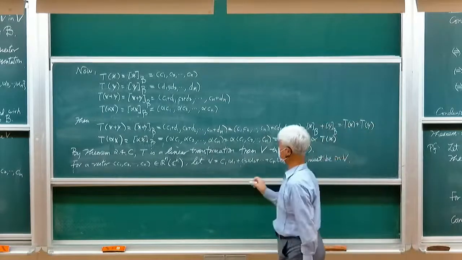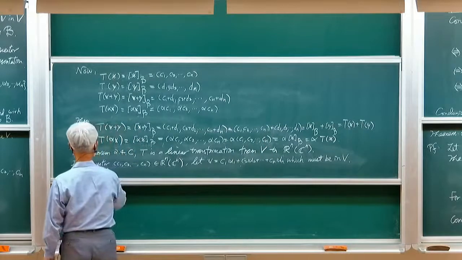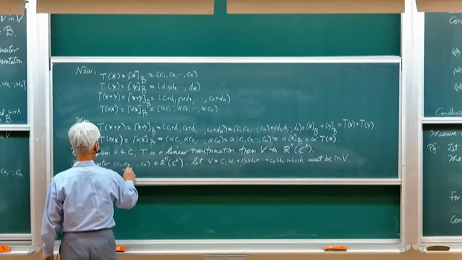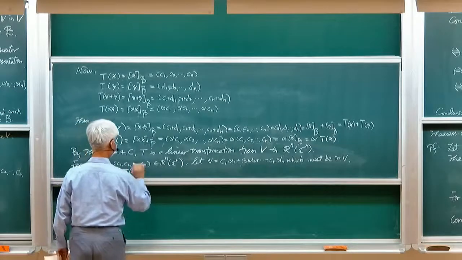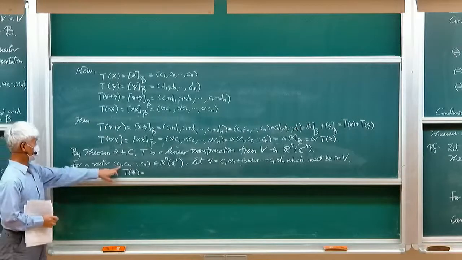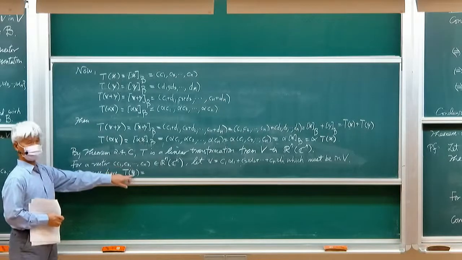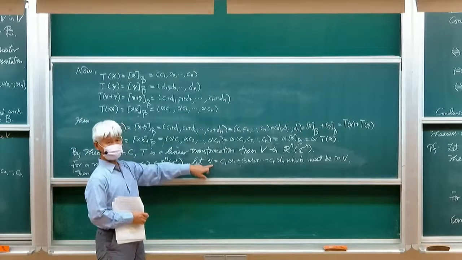All right, then we have T of v. Now we want to check that this column vector is the image of the constructed vector v.